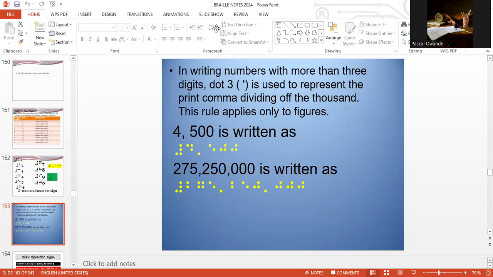Like in this case, we have 275,250,000. So there are 2 commas, after 5 and also after 0. So the comma in this case, we are going to use dot 3 as the comma in mathematics Braille.